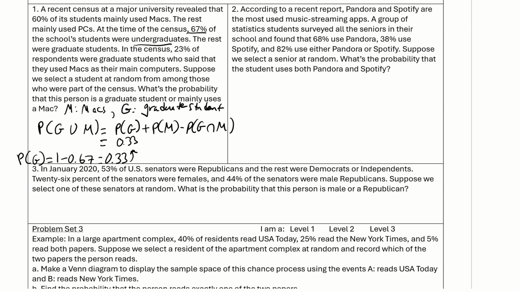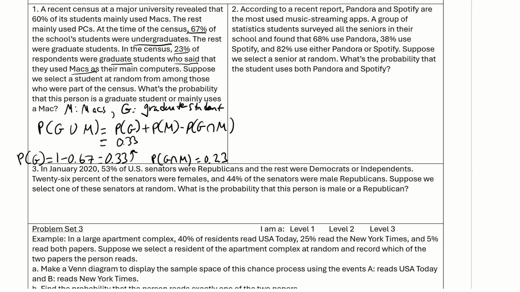It says that at the time of the census, 23% of students were graduate students who said that they use Macs as their main computers. So that's the intersect.